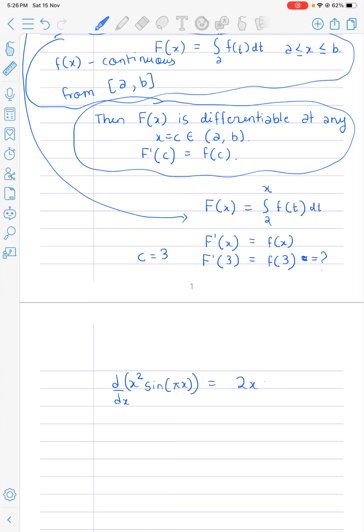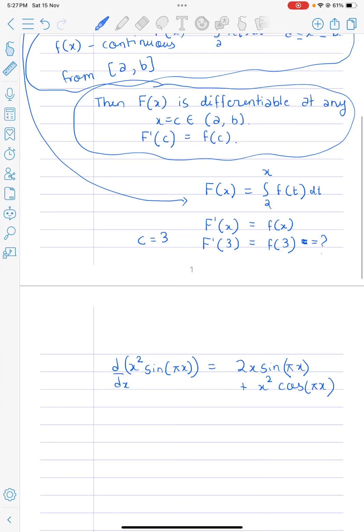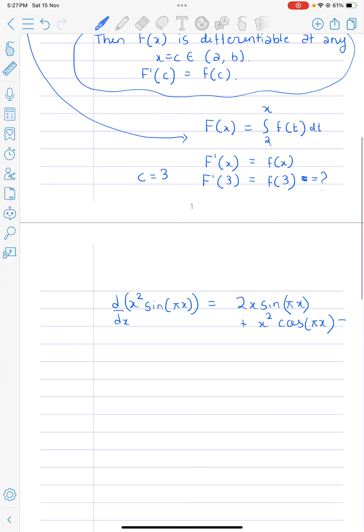If you differentiate this one, you get 2x sine pi x plus x square cos pi x, and this one will be times pi.